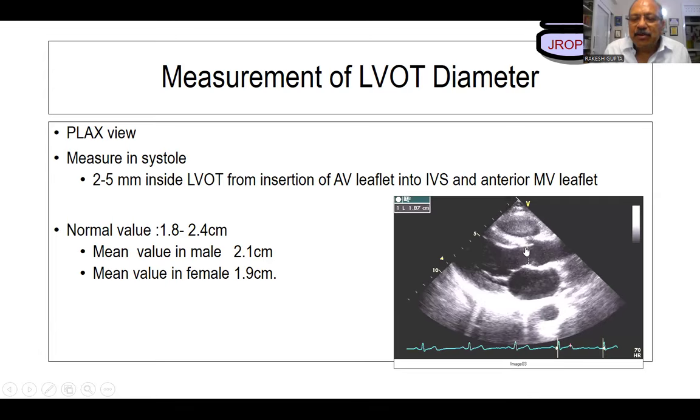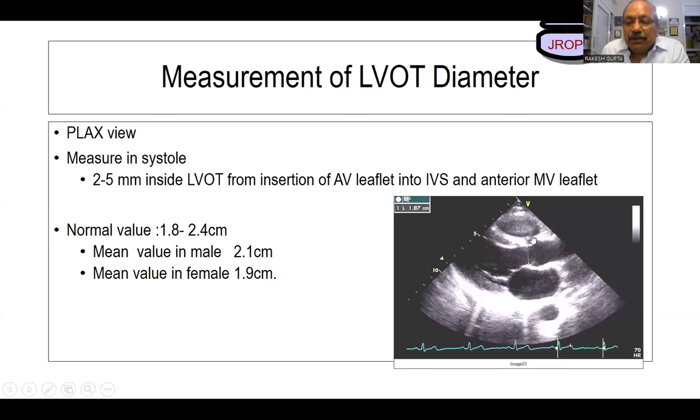Then we have LVOT, the hinge point of the mitral valve and the hinge point of the aortic valve. The right coronary cusp and non-coronary cusp hinge point is the LVOT. Mind my words, both of these leaflets should be opened up completely, and they should be equal in size when we measure the LVOT dimensions.